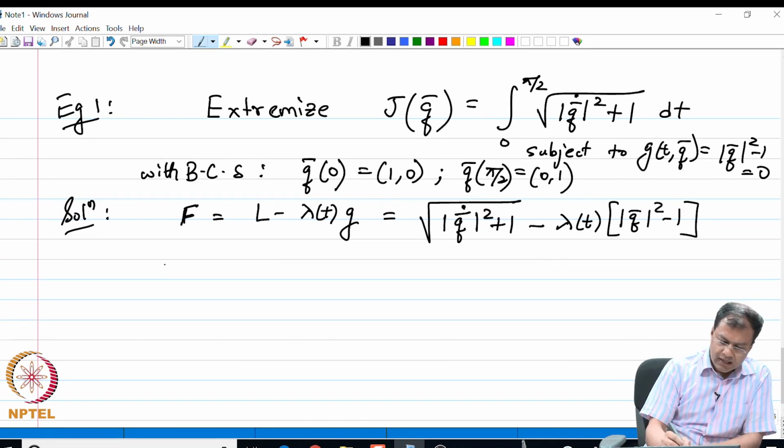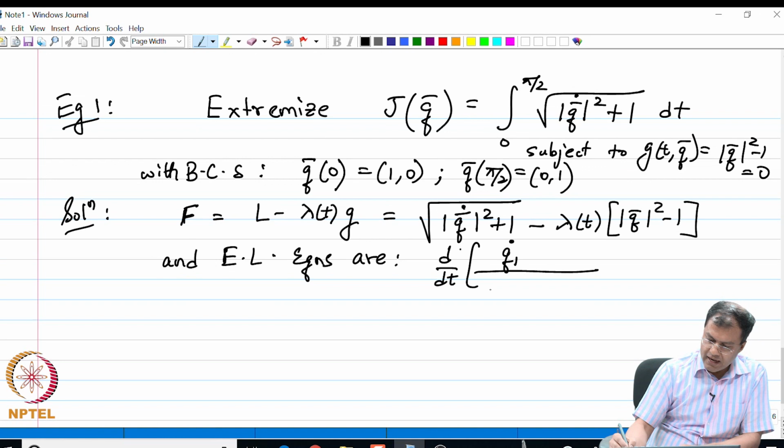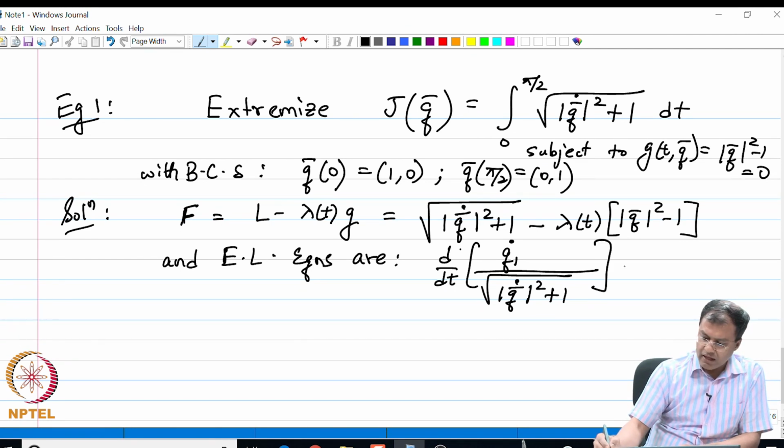So, the Euler-Lagrange equations are, d dt of q1 dot divided by the square root of mod q bar dot square plus 1. I am directly applying my Euler-Lagrange equation and writing down the final expression.